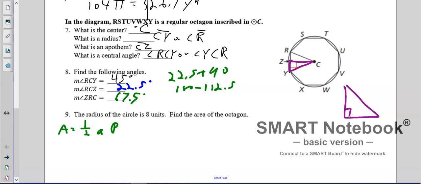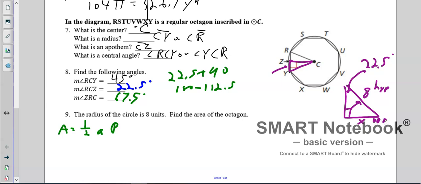Now we have 90 here. This is 8. We've said that this angle here is 22.5 degrees. All right? So we need to find this right here. Okay? So this is my opposite. Sorry, my bad. That's my hypotenuse. And from 22.5, x is my opposite.